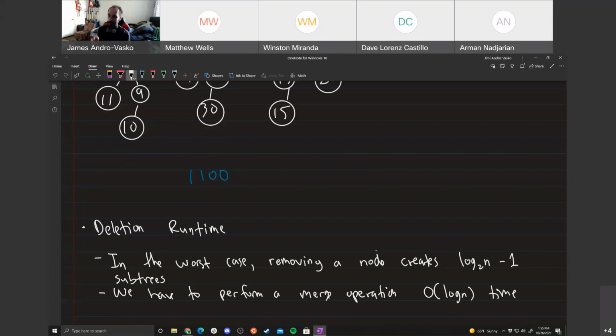I think I have to be consistent with my binomial tree. That's part of my mistake, which is why I got thrown off here and there. But the idea is that we have to do at most log n combinations. After we break the tree apart, we have to merge all of them with existing trees, which will cause more merges to keep happening, which is that chaotic example we had earlier. So in the worst case, we're going to have to do log n number of steps.